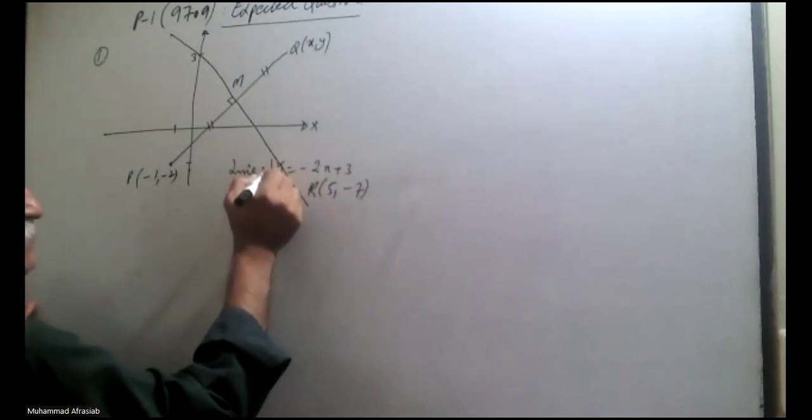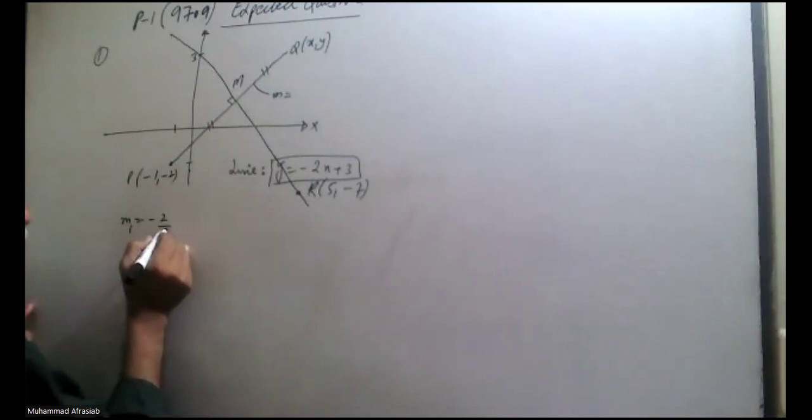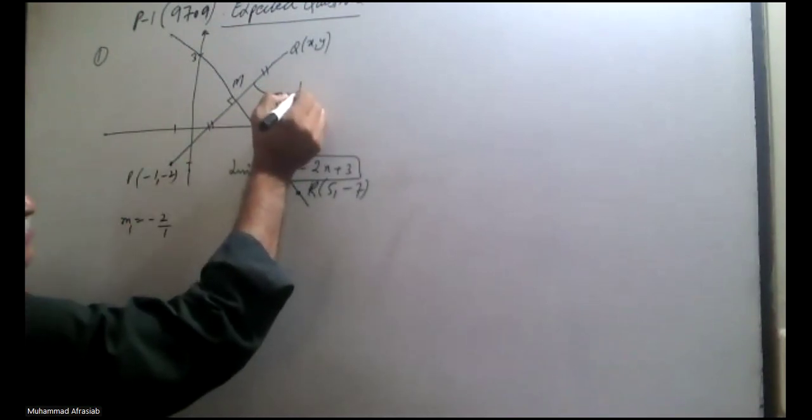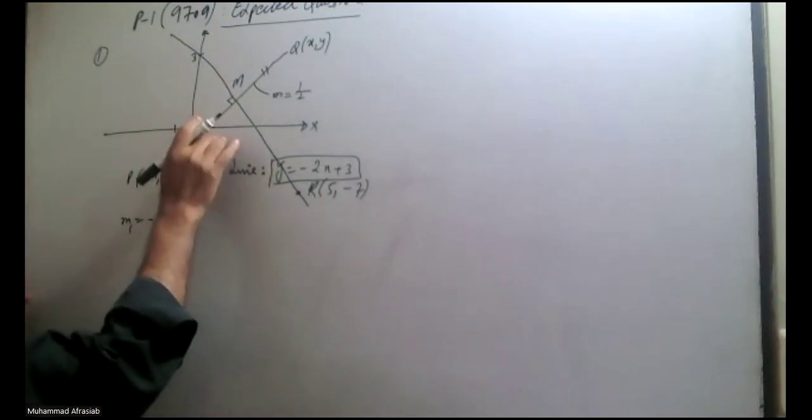We know that the slope of this line y = -2x + 3 is equal to -2. So the slope of the perpendicular line will be m equal to 1 over 2. Now, this line PQ is going to pass through P with the coordinates -1 and -2.